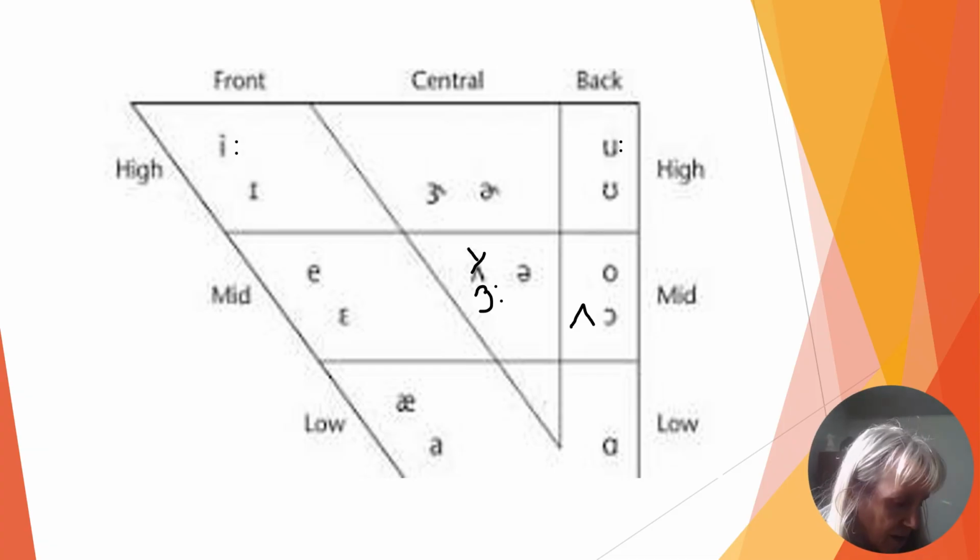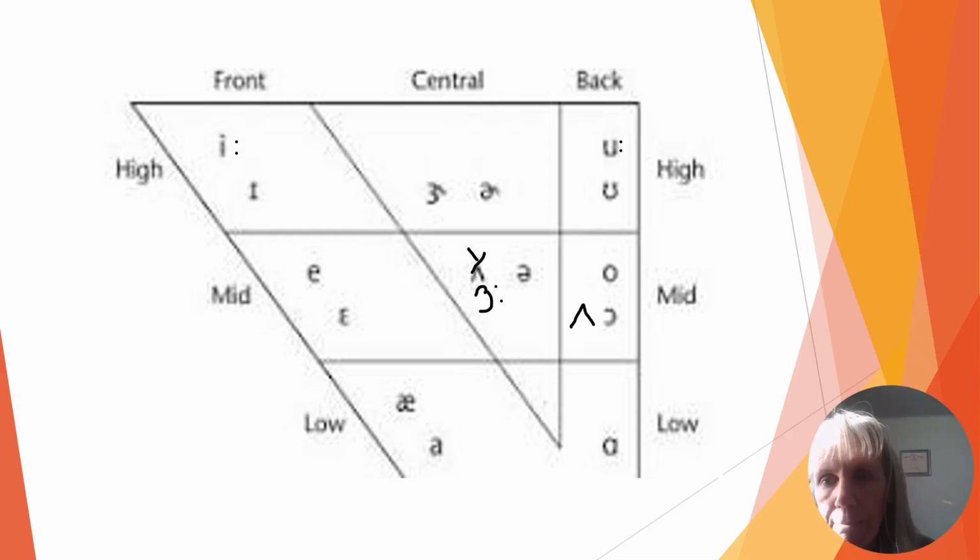The sound you're seeing there, with this symbol that looks like an e with a colon, is the sound we see in bird, or fur, bird. And that is when the tongue is central and it's midway. So we're going to begin to have rounding of the mouth here, but not a lot of rounding. We get most of the rounding in the back, when the tongue is in the back.